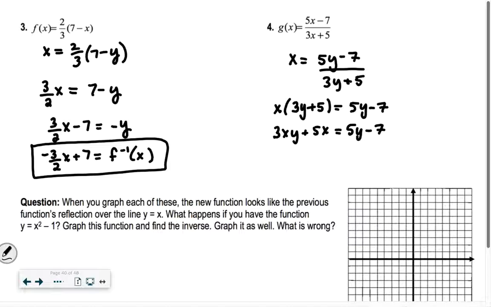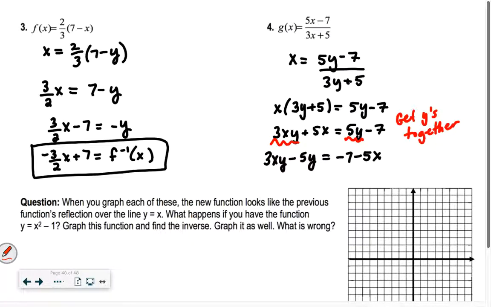So let's say I got things on the left. So if I do 3xy and I subtract out 5y, I get these 2 y terms together. In the same step, I'm going to subtract the 5x over. So I'm going to have the -7 from before, and then minus that 5x. Okay, so I just took anything that had a y and got them on the same side.